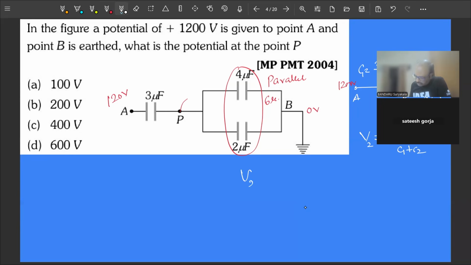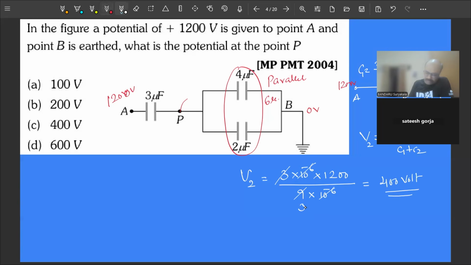So V2 equals 3 micro, that is 3 times 10 to the power minus 6, into 1200 by C1 plus C2, which is 6 plus 3, 9 micro. This micro gets cancelled. 3 ones are 3, 3 threes are 9, it becomes 400 volt. So the answer is 400 volt.